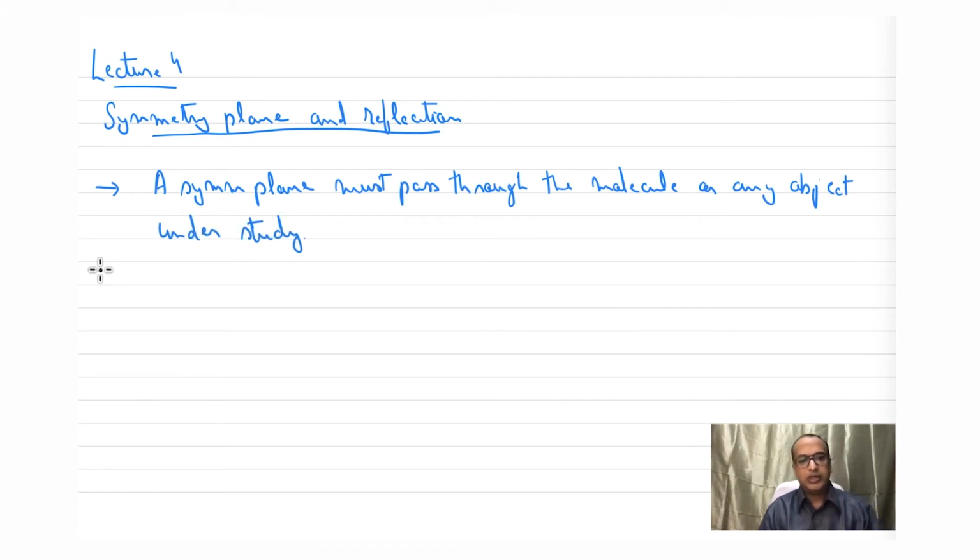This point is important because so far we have learned the planes while studying stereochemistry, where the planes tend to lie outside the molecule also, where we are trying to see superimposable or non-superimposable mirror images. In this case, we don't want to use the same plane. Here the symmetry plane must pass through the molecule. So that's why this point is made.